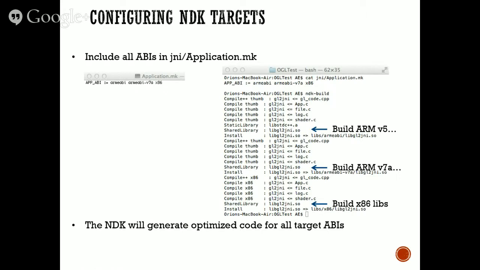The platforms you are targeting can be specified in a file called application.mk, that is the application make file. There you can set the flag called APP_ABI to the architectures for which you need to develop your application or which you are targeting with your NDK application.